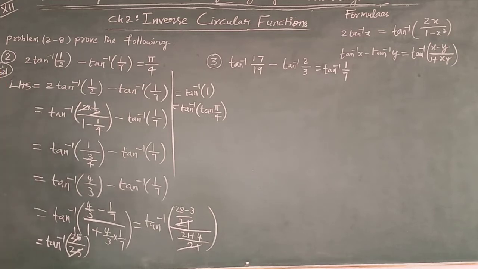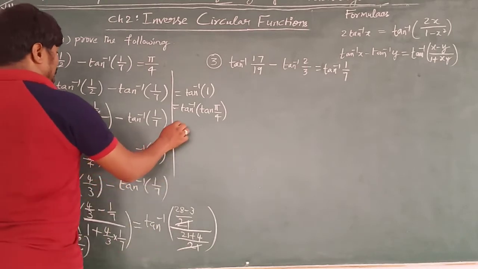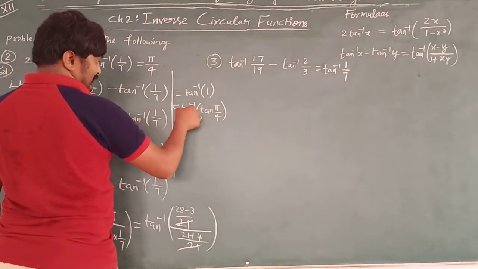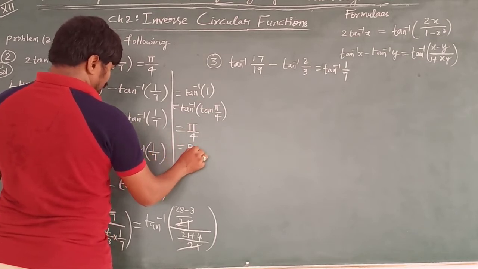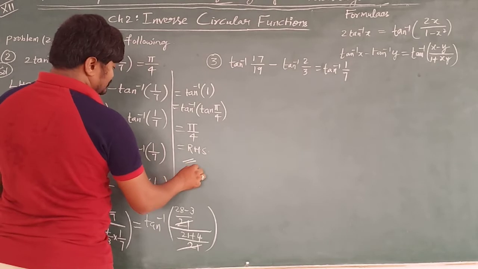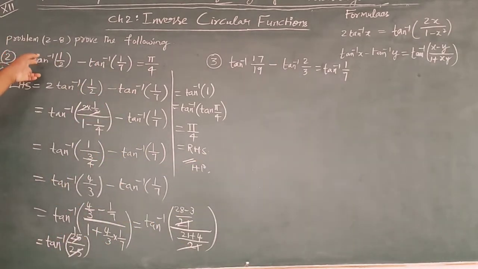According to that, wherever tan inverse tan theta is there, you can write it as theta. So what is theta here? Tan inverse cancels, it becomes pi upon 4, that is your RHS. Hence proved. So that is about your problem number 2.